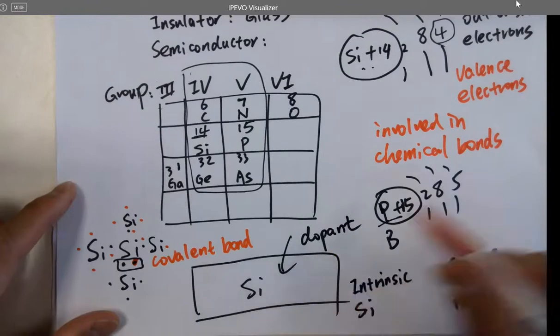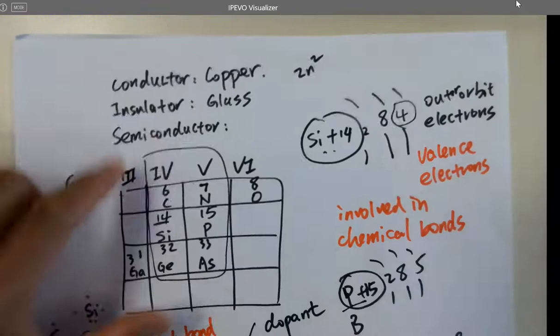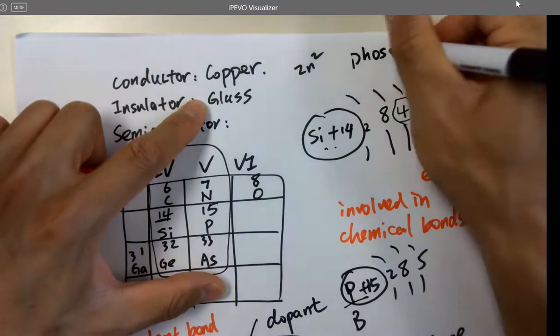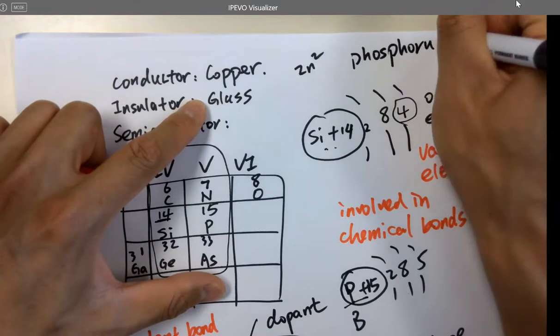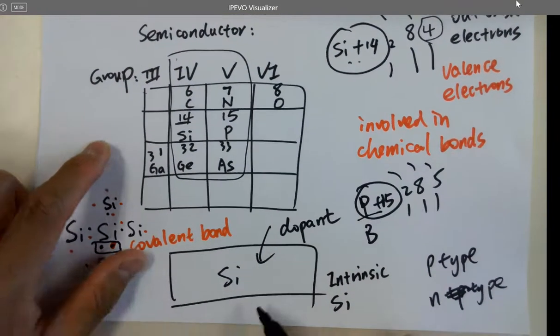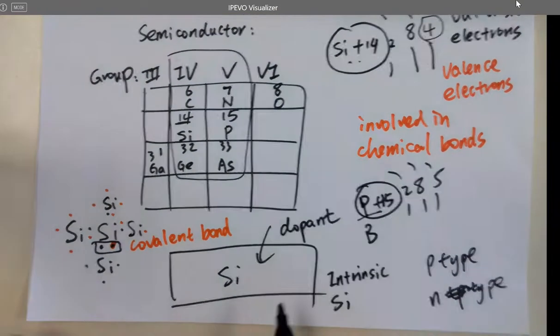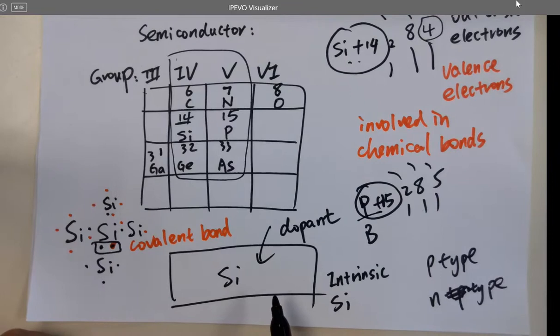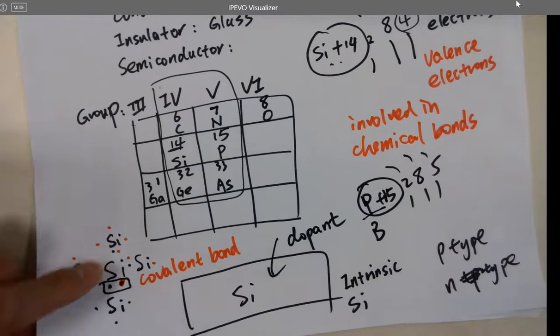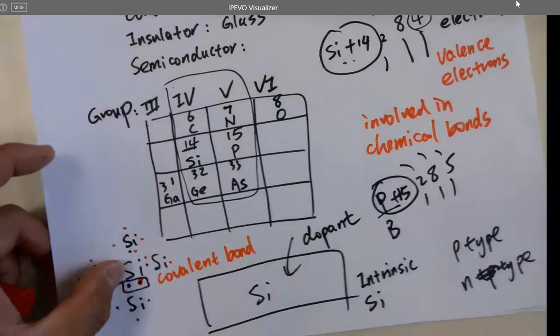Okay, if you dope phosphorus into this intrinsic silicon wafer, what's going to happen? It is able to replace some of the silicon atoms in there.